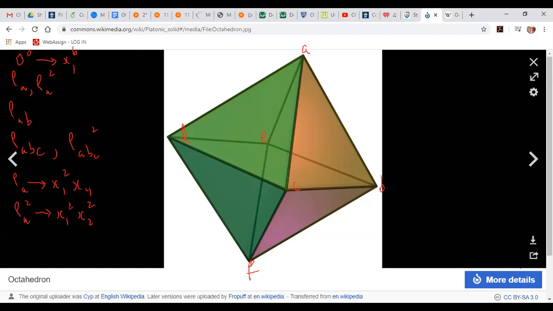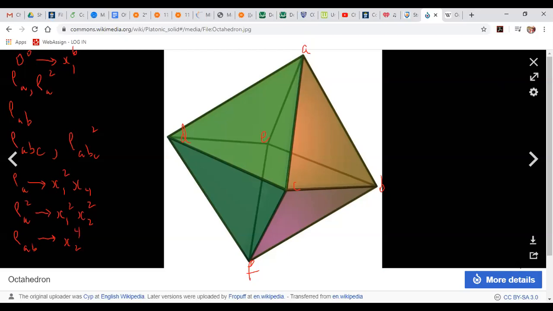Okay, what about rho AB? Well, that just creates a whole bunch of 2 cycles, 4 to be exact. So x2, A and B are going back and forth, F and D go back and forth, and then E and C are going to be going back and forth.